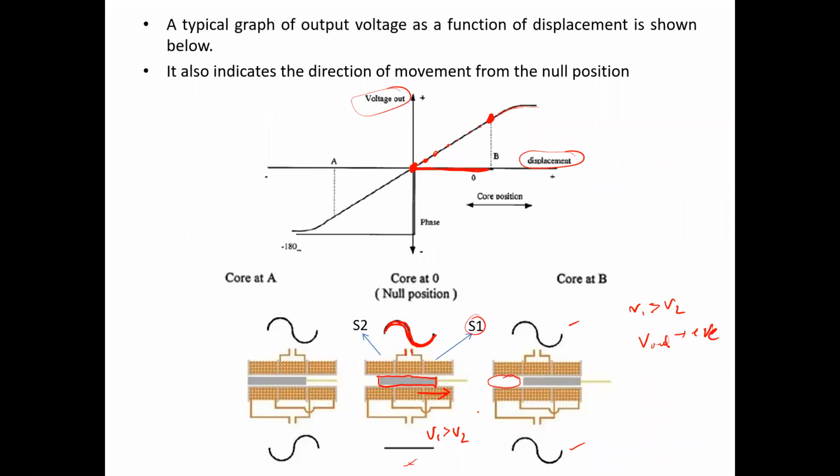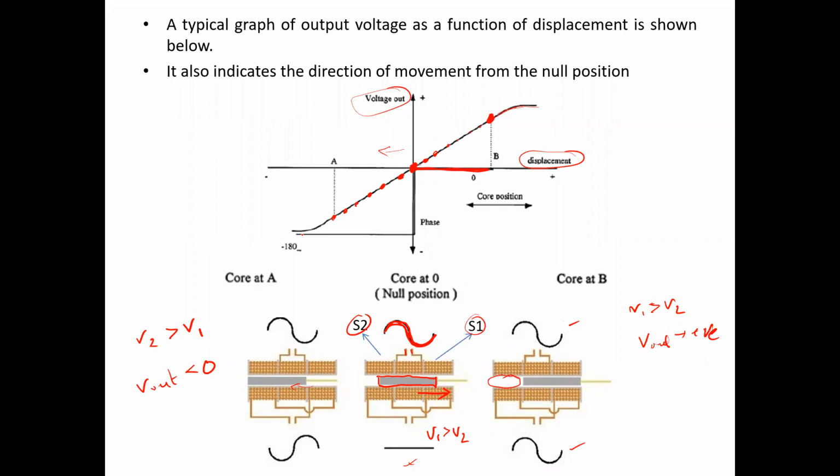Now, similarly, if we consider that the iron core is moving towards the left hand side, the coupling with S2 will start increasing. So V2 will be greater than V1 now. V out will start to become negative, and as a result, the output voltage will start decreasing up to a certain point.